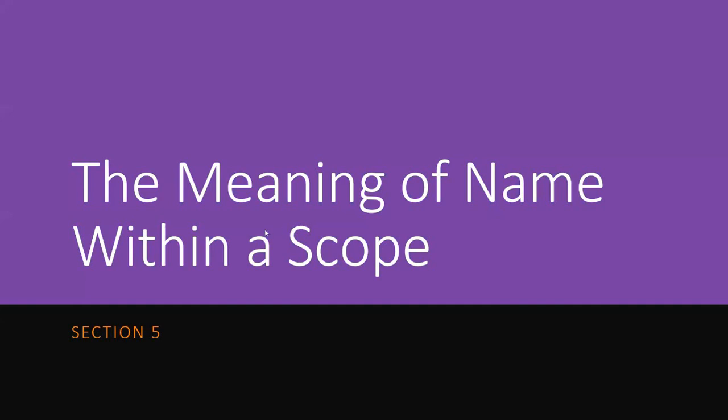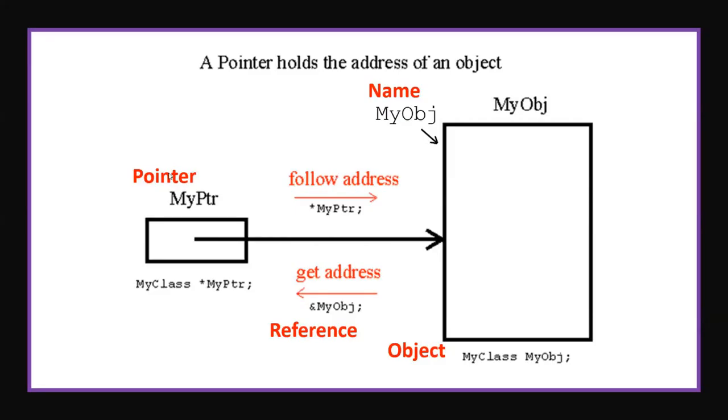So next is the meaning of the name within the scope. When you have a variable, it may have something called a pointer, a reference, or an object. My class, this is actually using the C++ language.